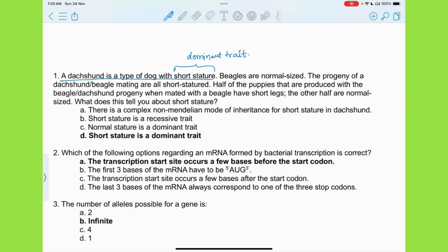When these offspring are mated with beagles, which are normal size, half of the puppies have short legs and the other half are normal size. This segregation pattern is consistent with Mendelian inheritance, where a dominant trait, which here is short stature, will show up in the F1 progeny, as mentioned here.